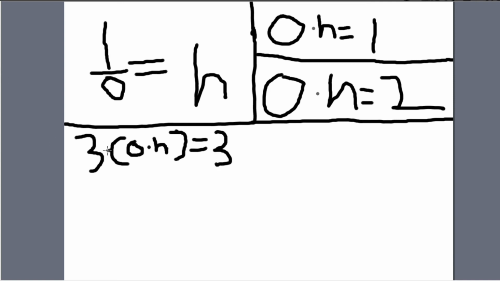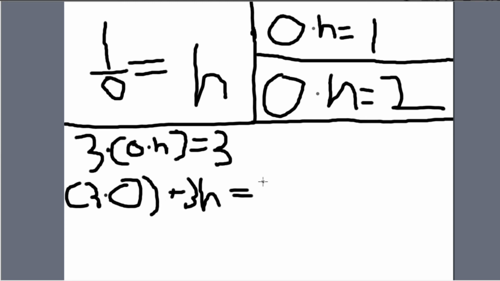Because of logic and the fact that this is equal to 1 here. So, we can just distribute it. So 3 times 0 plus 3h equals 3. Because 3 times 0 is 0, 3h equals 3.